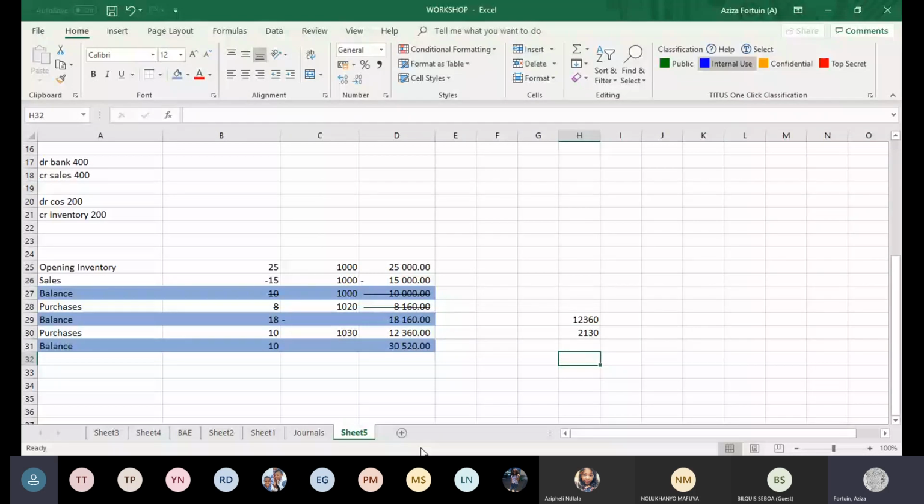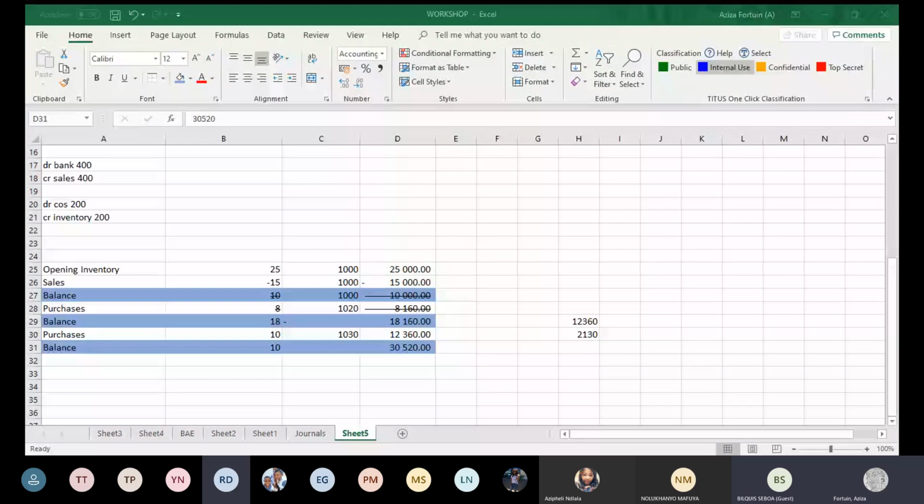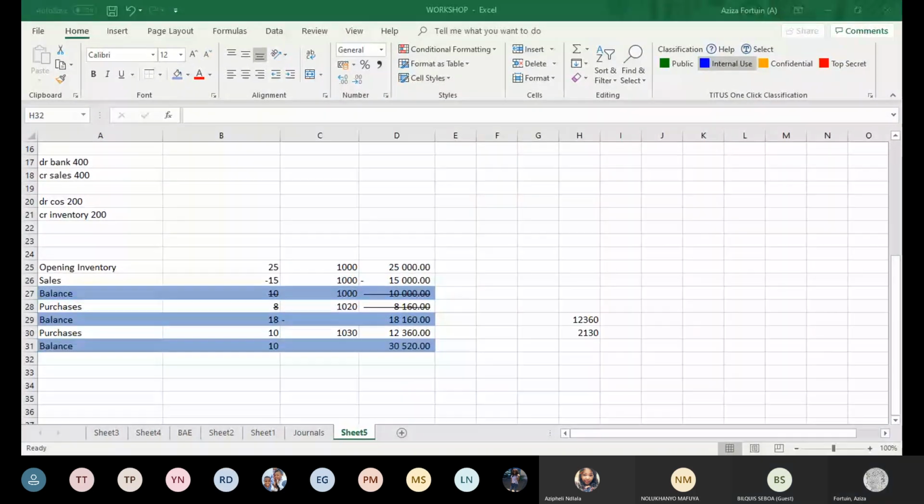This isn't the easiest method that I do, you know. Do you do an easier method? Because I would now minus that, and that would be my balance. Let me just see something quickly. 12,360 plus 2,150. So there's a 14,510 balance at 10.